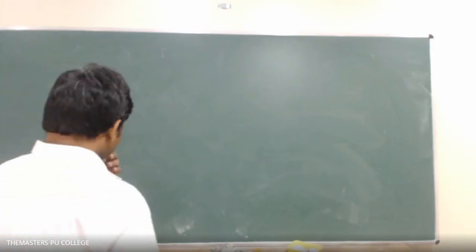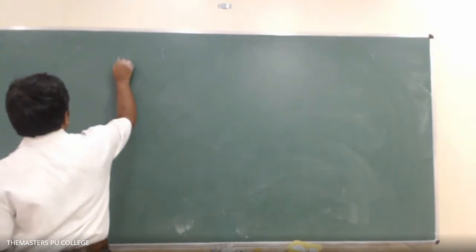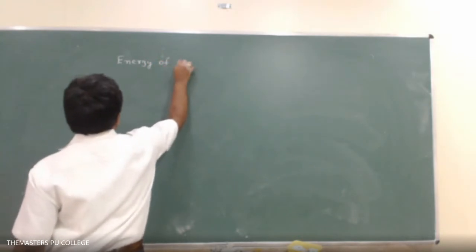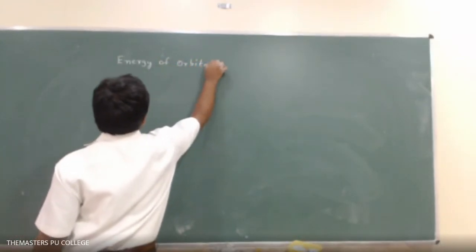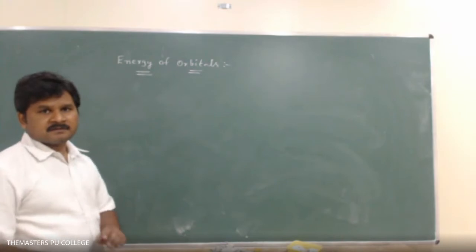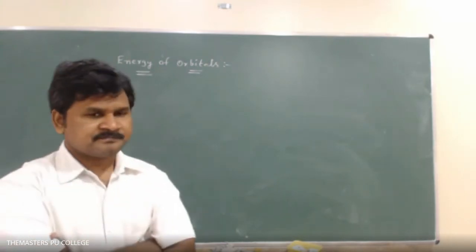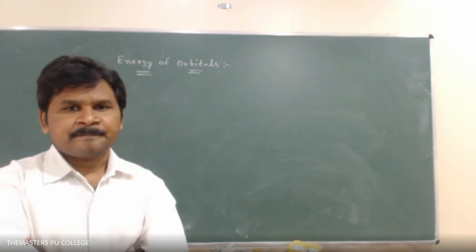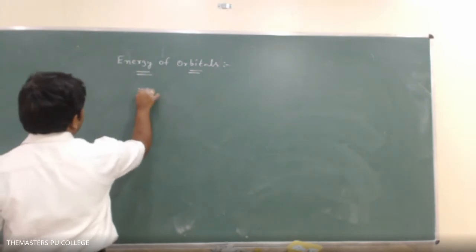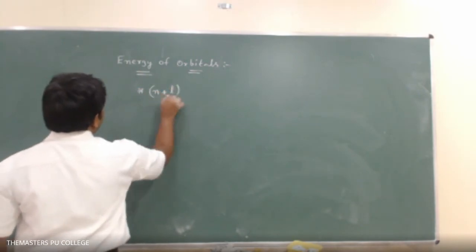Next, write down side heading: Energy of orbitals. Listen. Generally, the energy of orbitals can be calculated by using n plus L values.